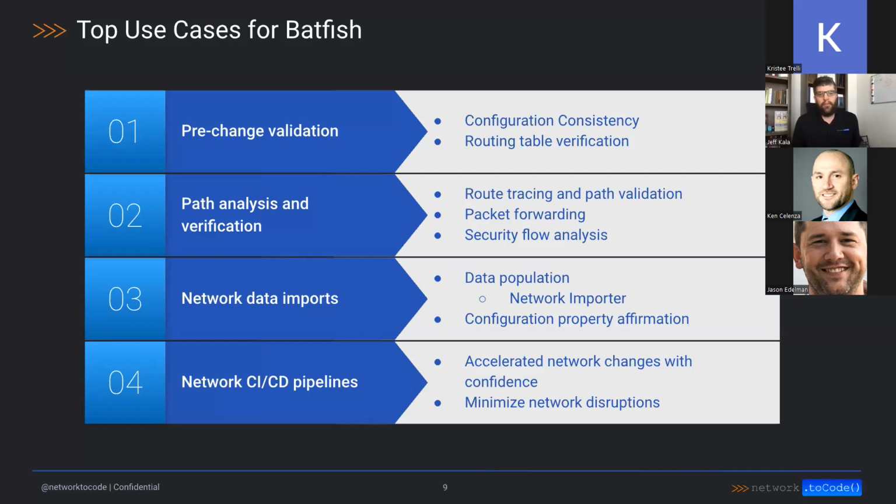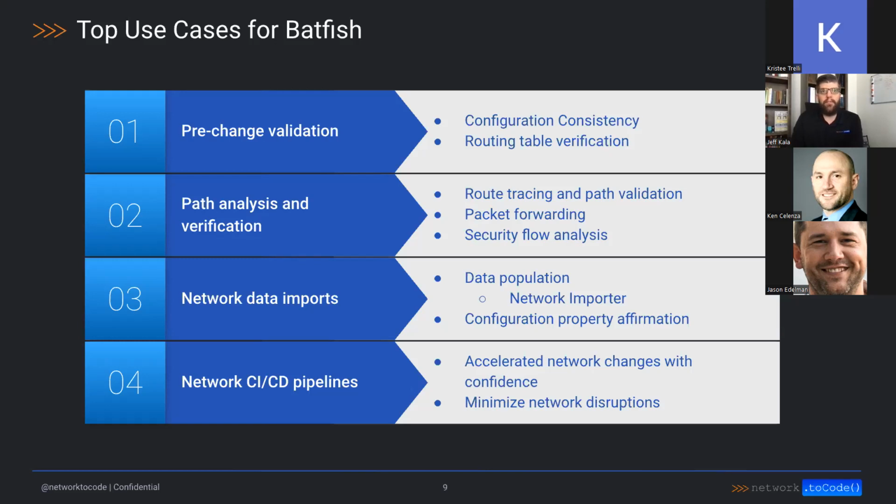If you were doing a greenfield environment, brand new environment, it'd be very easy to just say, okay, I have these tools. I need to populate these tools with the accurate data. But over time, that becomes more and more difficult. So you can actually do configuration property affirmation and use Batfish, pull in configurations, and actually query it for configuration properties.